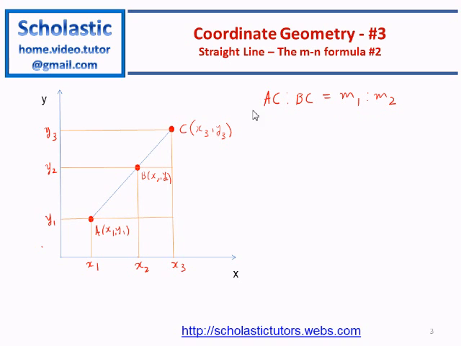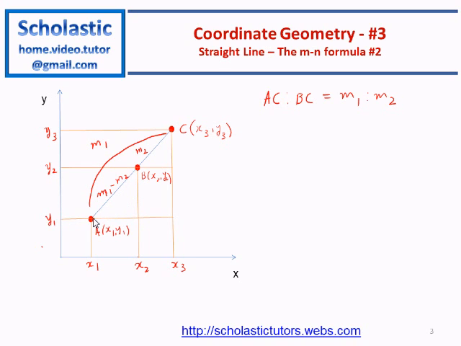So AC is the total length from here to here, this is M1, and BC is from here to here, it is M2. Therefore the length from A to B can be taken as M1 minus M2.